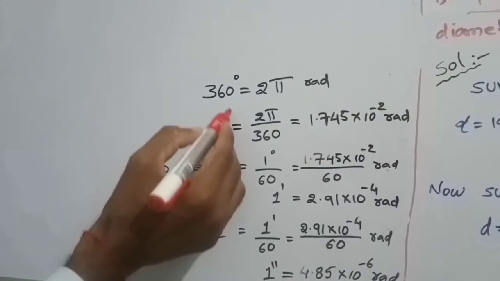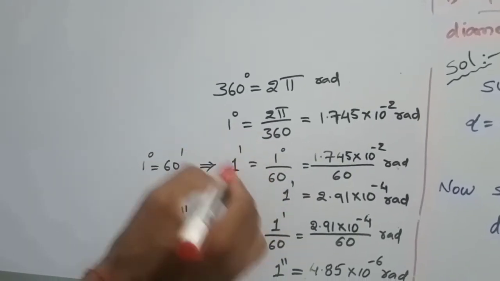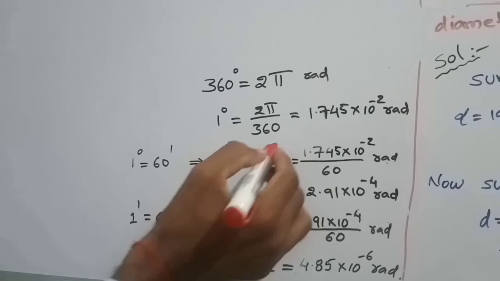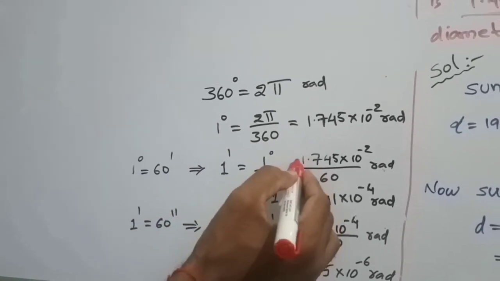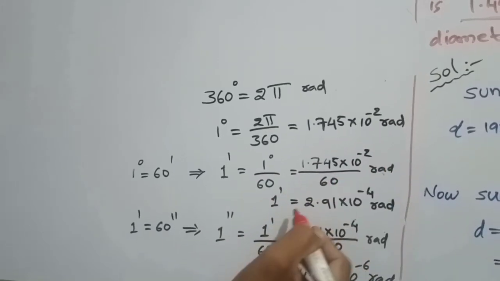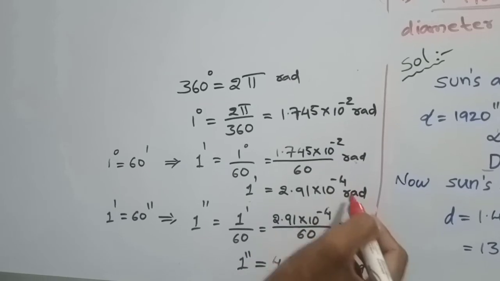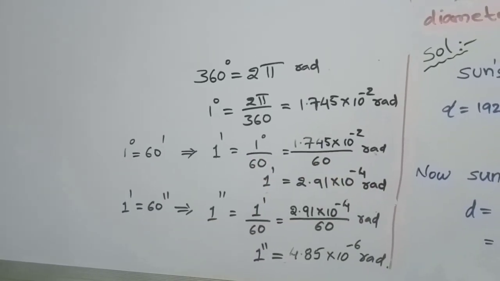Now we divide 1 degree into 60 divisions, then 1 division is equal to 1 minute. So 1 minute is equal to 1 degree by 60, that is 1.745 into 10 to the power of minus 2 by 60 radians, which is equal to 2.91 into 10 to the power of minus 4 radians.